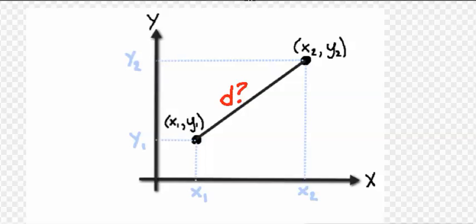So let's think of this in terms of the Pythagorean Theorem. We want to know how to find a length. So what do we need? We need to have our 2 legs. So let's create those. Alright, so I'm going to create this one. And I need to force this into being a right triangle.